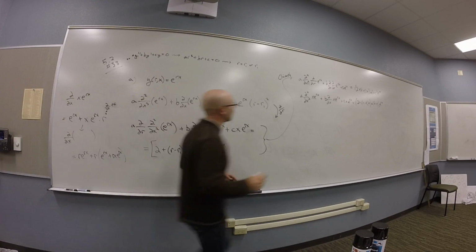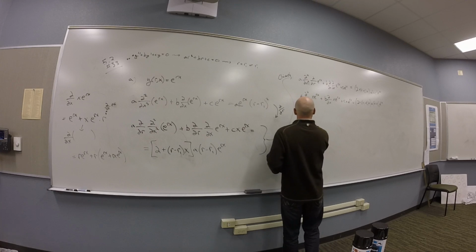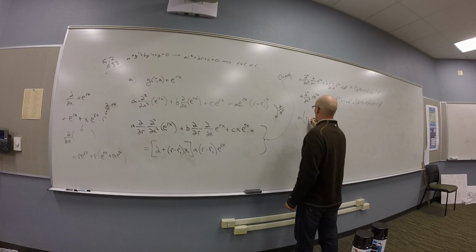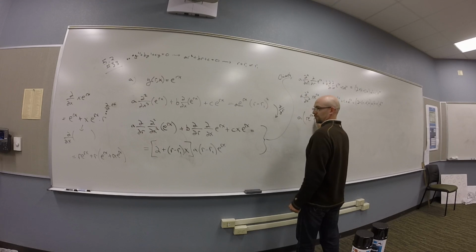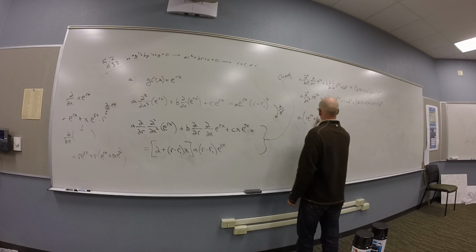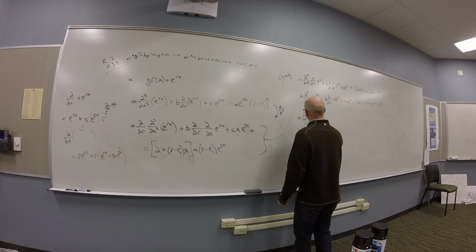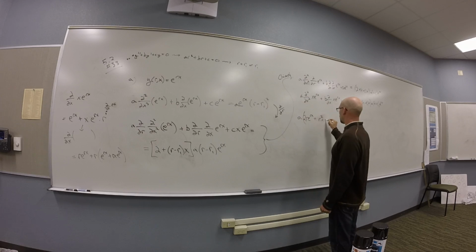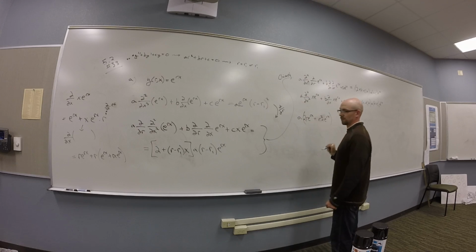So I drop it all here. We now have a times r e to the rx plus r e to the rx. There's two of those, and then there's an r squared x e to the rx.